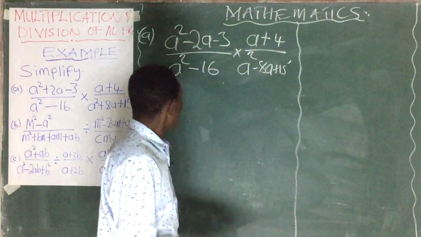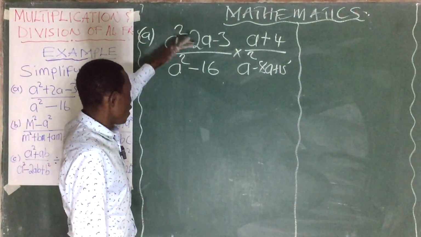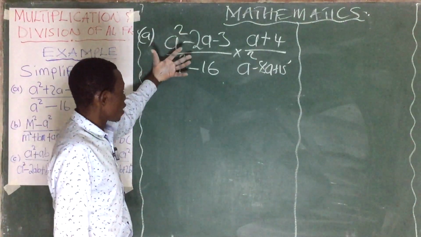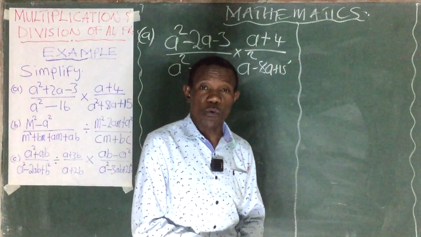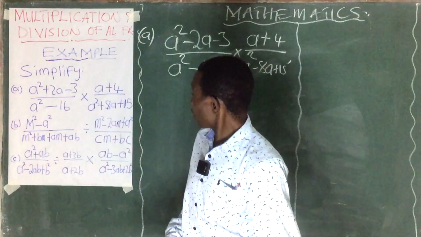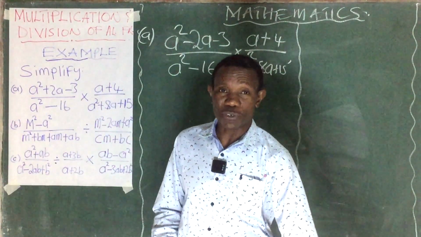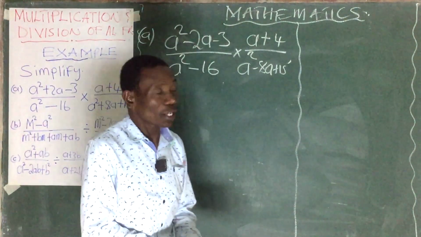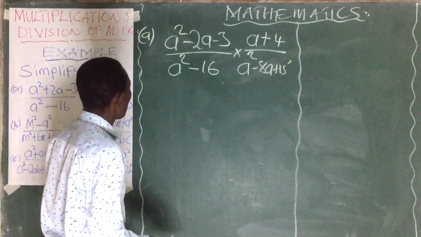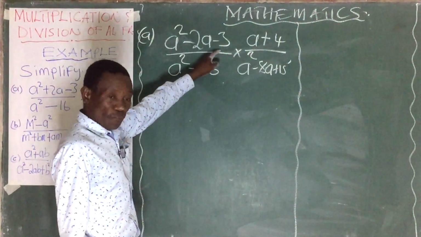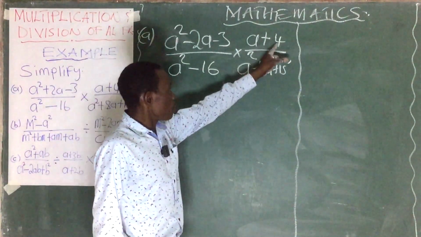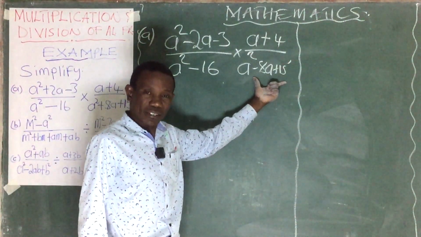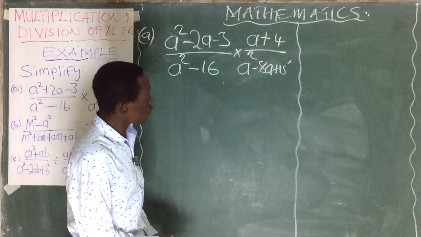So here we still are going to assess the expressions that make up the fractions, as we have been doing in the previous videos where we were doing addition and subtraction. So we assess: can this one be factorized? Can this one be factorized? If it's possible, let us do it.